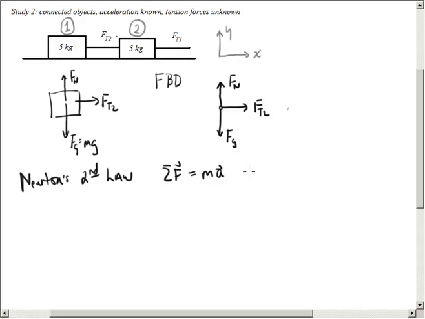And in this case, we know that there are forces acting in both the x and y direction. Next step you want to do is write Newton's laws in component form. Write Newton's second law for the x direction and for the y direction. Pause the video and take a minute to do that.